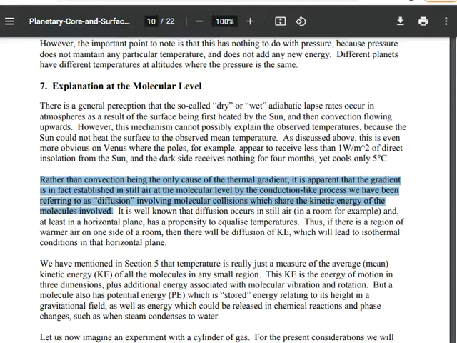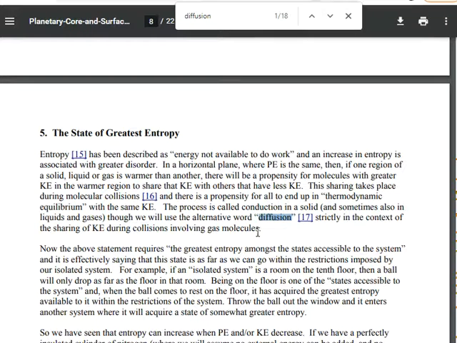I think I may have skipped that. Note this is the first use of the word diffusion right here. The process is called conduction in a solid, although we will use the alternative word diffusion strictly in the context of sharing kinetic energy during collisions involving gas molecules. Okay, that was in section 5.